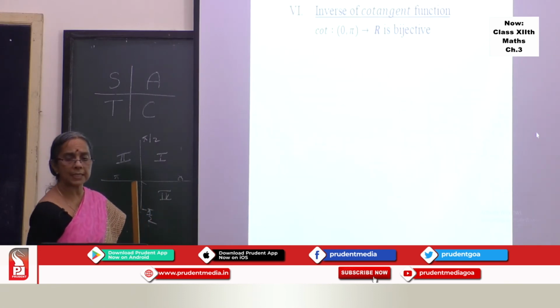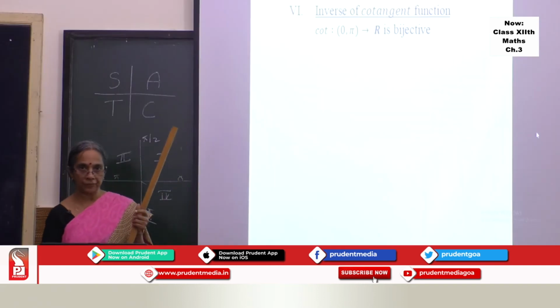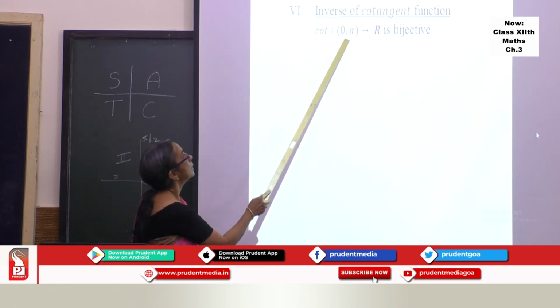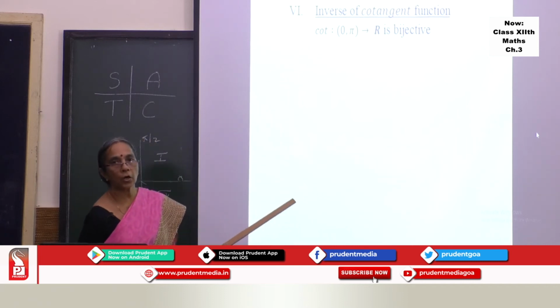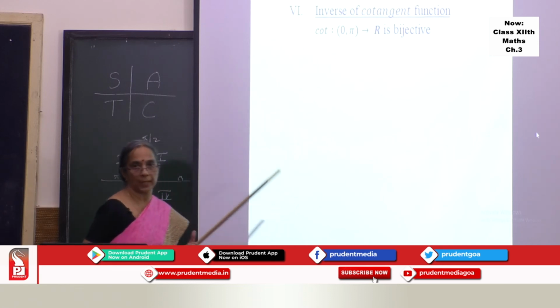Now, let us see the next inverse function, the inverse of the cotangent function. Cotangent or cot function is the reciprocal of the tan function. But the domain of cot function we take is the open interval 0 to pi.